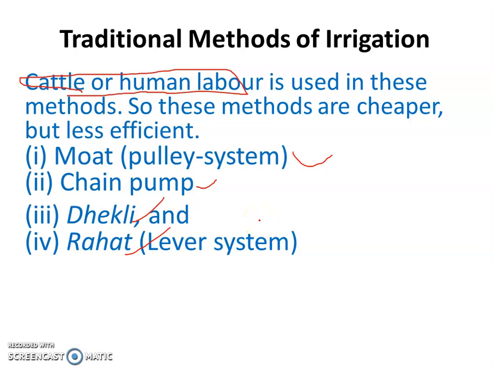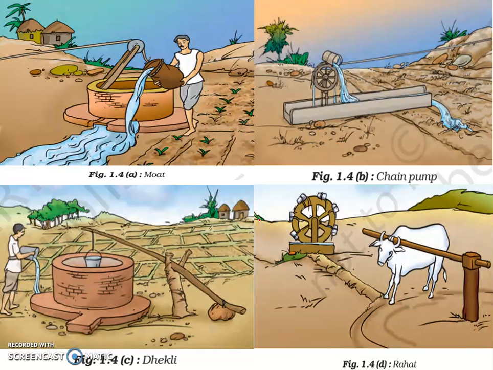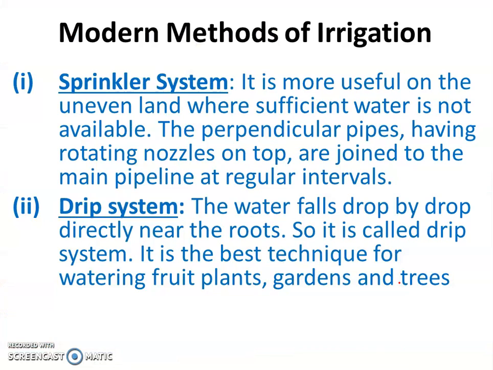These are the traditional methods of irrigation. You can see in mode we are using human power, then chain pump, then the Dhekli, then the Rahat. We are using the human power and the animal power in most of the cases.